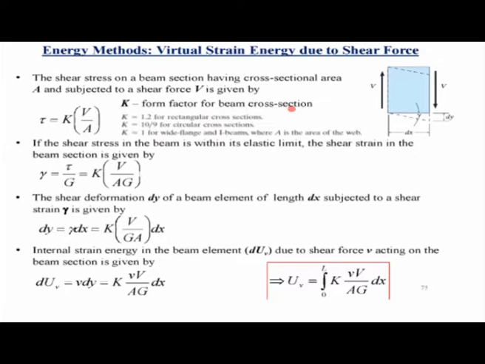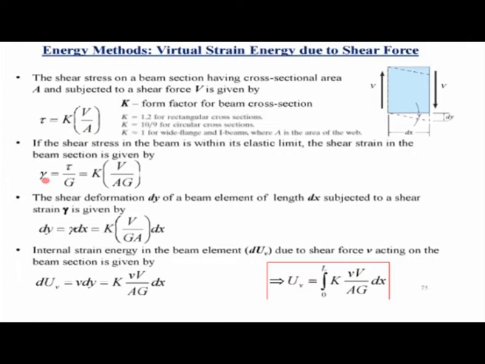K is called a form factor, which depends on the beam cross section, and we have given you some standard values of K that you can use for typical cross sections. For a rectangular cross section, you can use 1.2. For a circular cross section, you can use 10 by 9. If you have an I beam, then you can use K equal to 1, but in that case, remember, this A is usually taken as the area of the web.